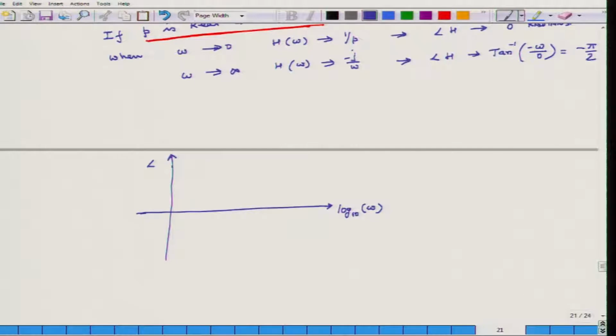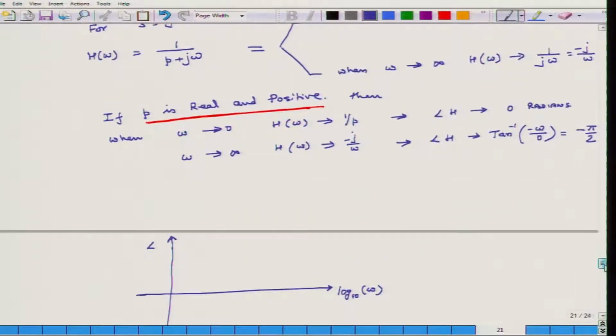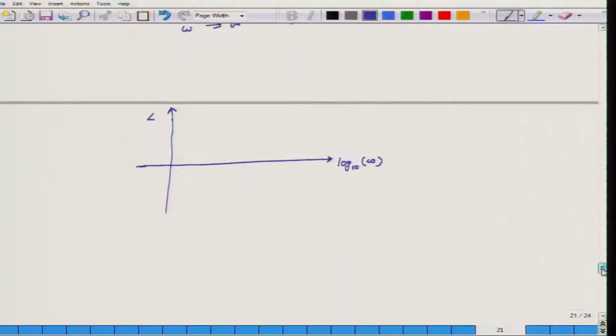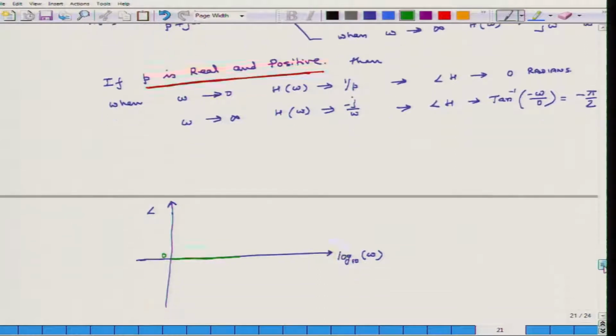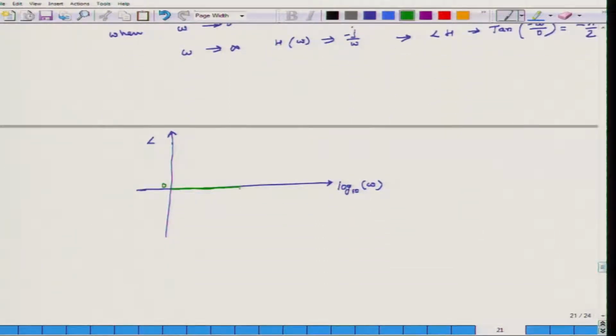So, the low frequency asymptote has a constant value of 0 radians. So, this is my low frequency asymptote, this is 0, and the high frequency asymptote has a value of negative pi over 2 radians. So, that is my high frequency asymptote.